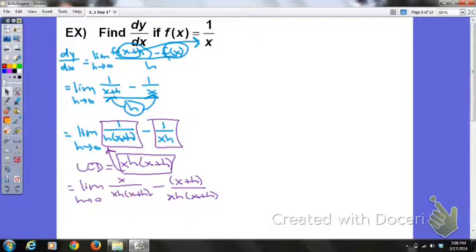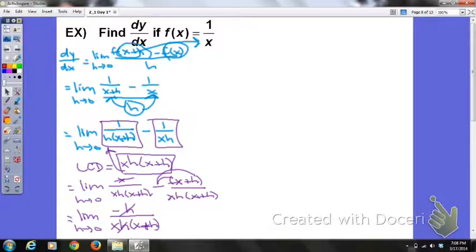So I can now do the subtraction and put the two fractions together, since I have a common denominator. So I'm now finding the limit as h approaches 0 of x minus x plus h. Well, the two x's are going to cancel, so we're left with the limit as h approaches 0 of negative h over xh times x plus h. Since I have factors now, I can cancel an h in the numerator and an h in the denominator.